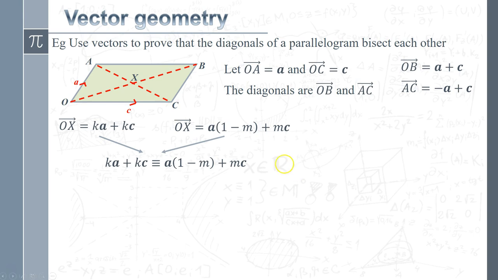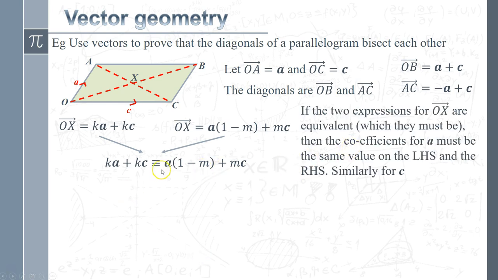If we know that the two things are the same, then the number of A's I've got on this side have got to be the amount of A's I've got on this side, because if they're not, then the two expressions aren't the same. And likewise, the number of C's on this side have got to be the same as the number of C's on this side. And so that allows me to split this out and form two equations.